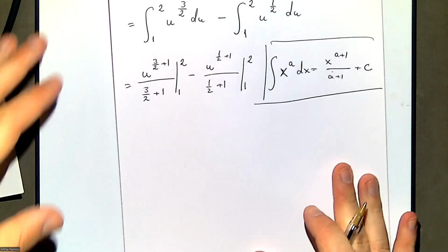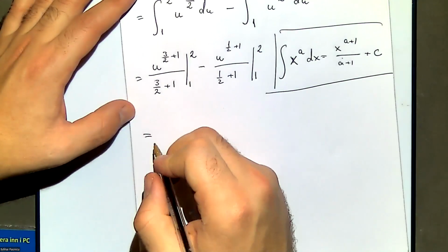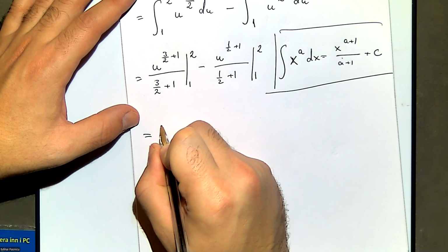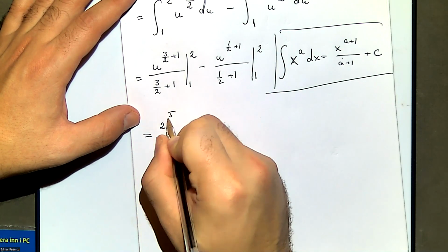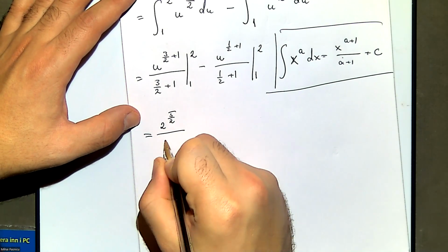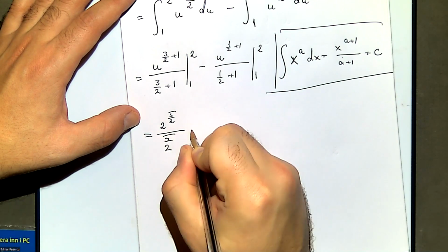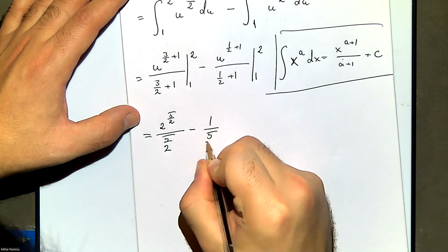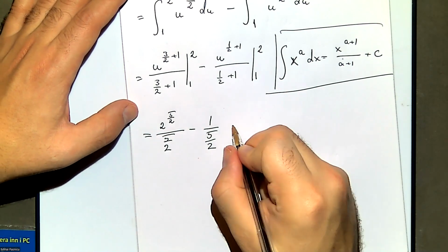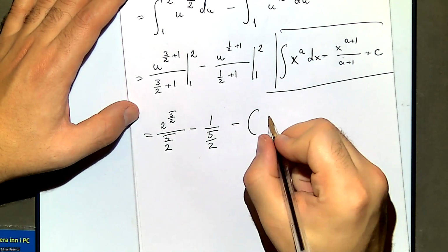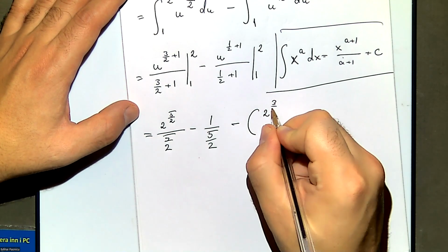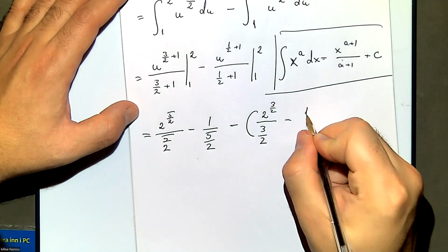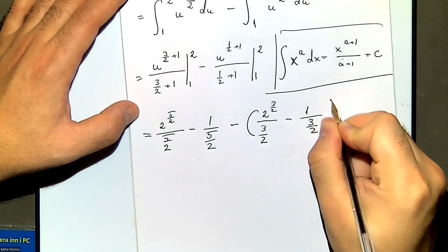Okay, and now I'm just going to plug in the numbers, and I'm going to get the result. Kind of the result, I guess. 2 to the 5 over 2, over 5 over 2, minus 1 to the 5 over 2, minus parentheses 2 to the 3 over 2, over 3 over 2, minus 1 to the 3 over 2.